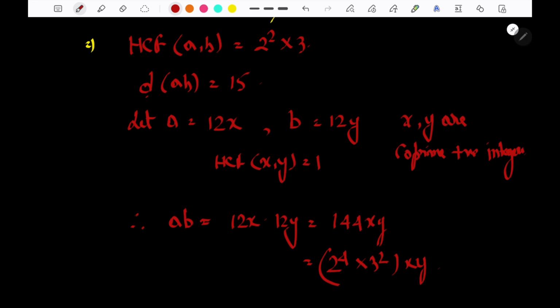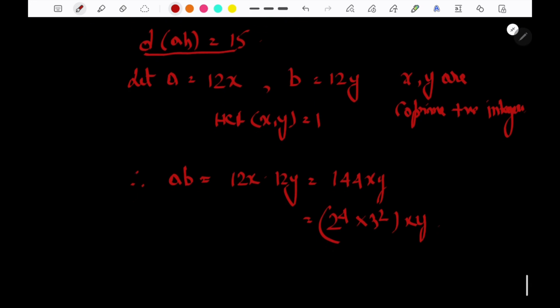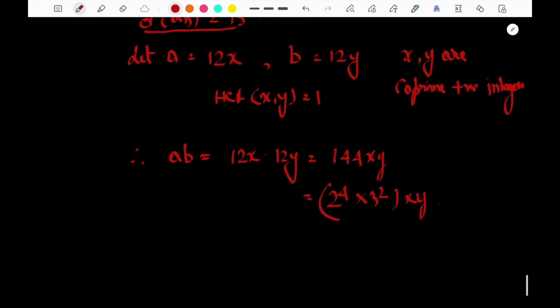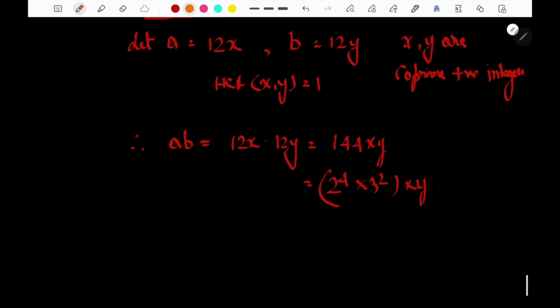Now it is given d of AB, that is the number of divisors of AB, is 15. But how do we find the divisors? Remember the previous case at the beginning of theory of numbers, what we discussed?